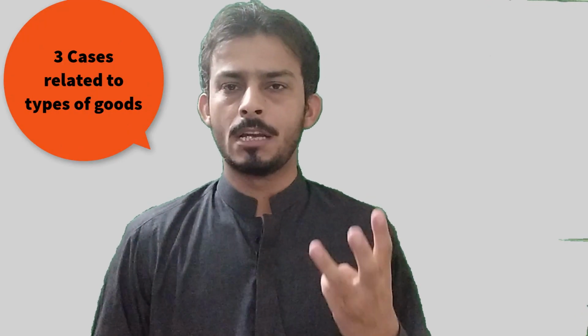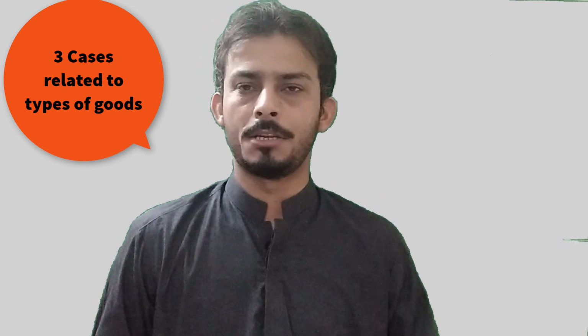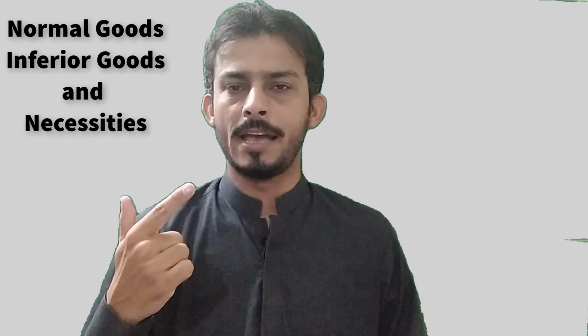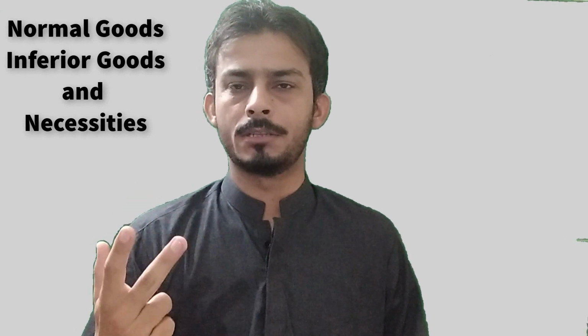Number two, we need to know three different cases related to which income elasticity of demand is calculated. Now, what are these three cases? We have different types of goods that we discussed in our types of goods video, so you can watch that one as well. Number one, normal goods. Number two, inferior goods. And number three, necessities.